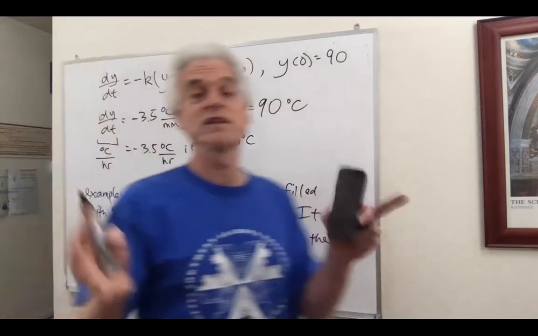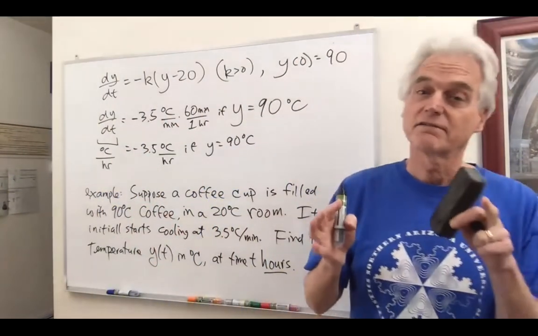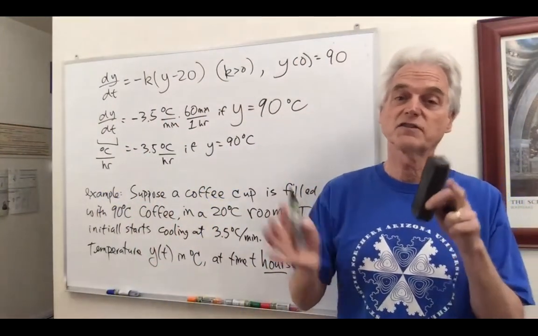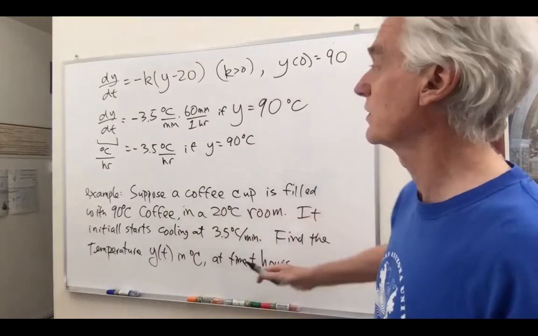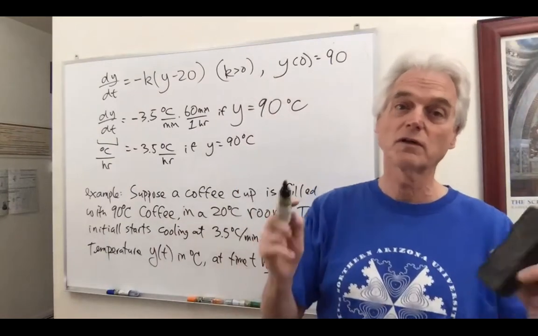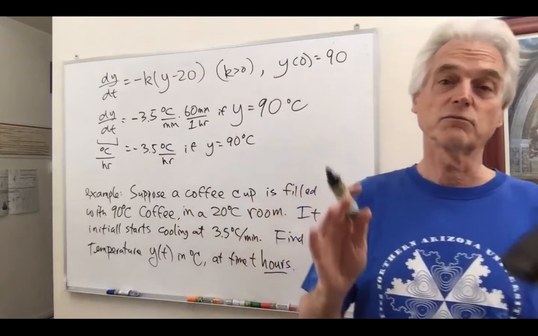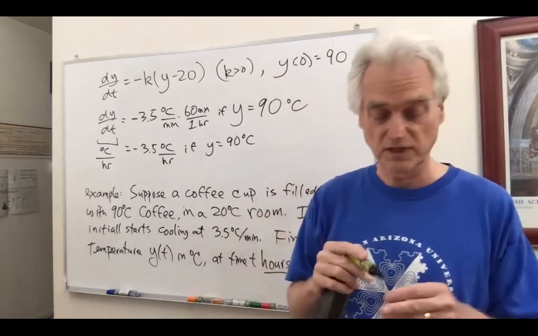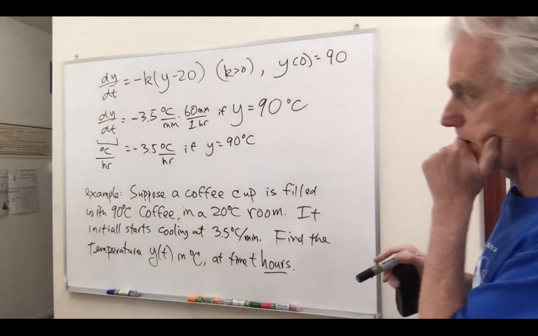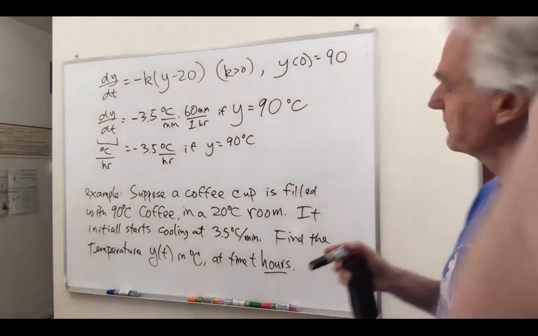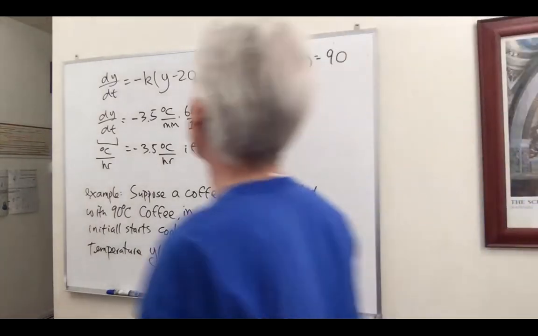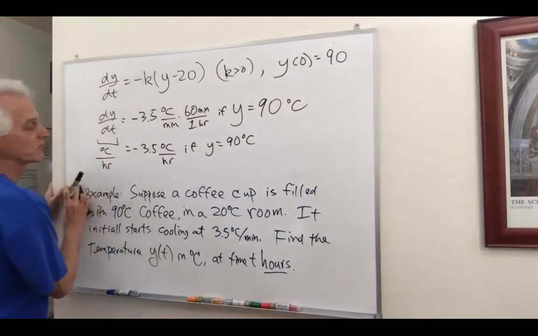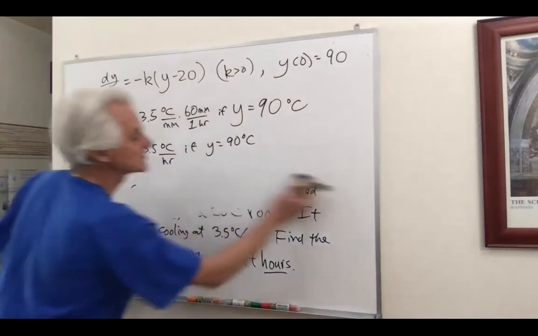I know that this part's kind of difficult, but turning these words into equations is a really useful and important skill. And I know it's kind of tricky. So anyway, now we can figure out what k is.